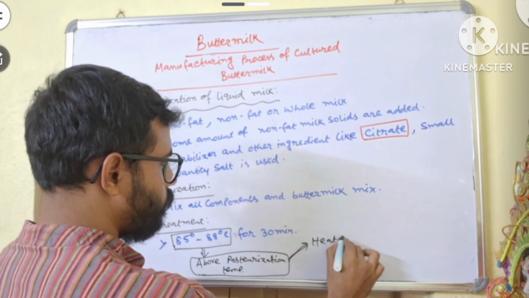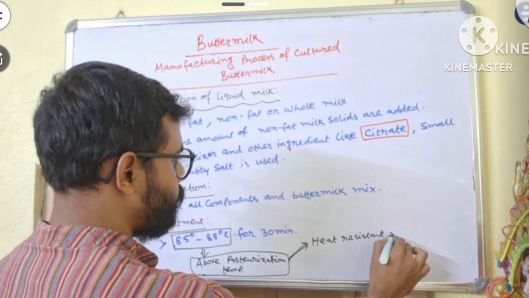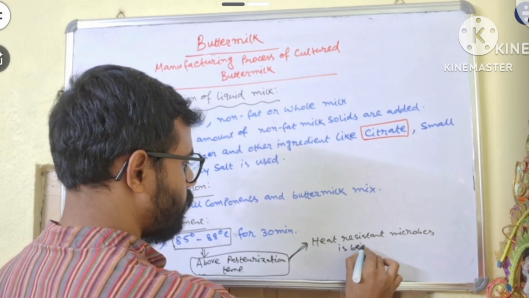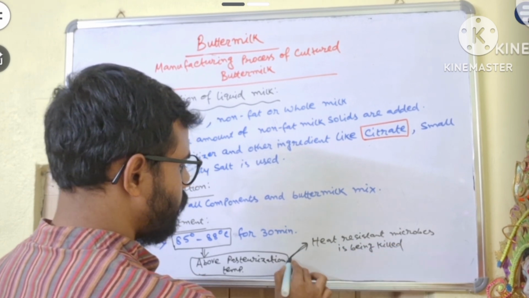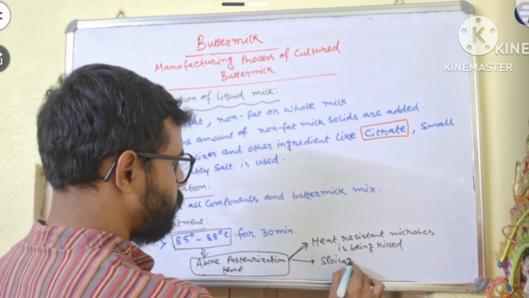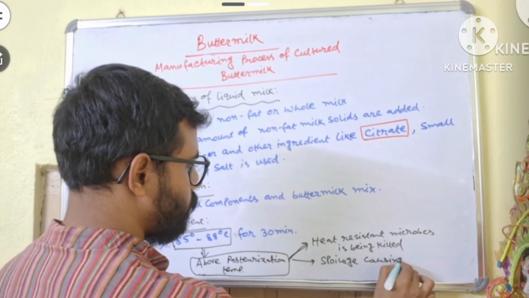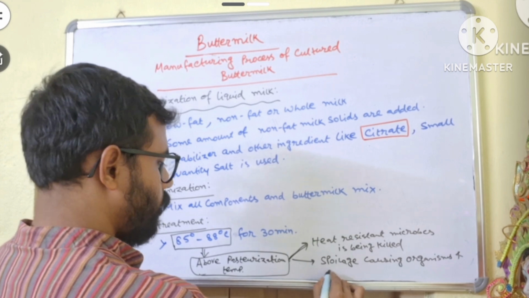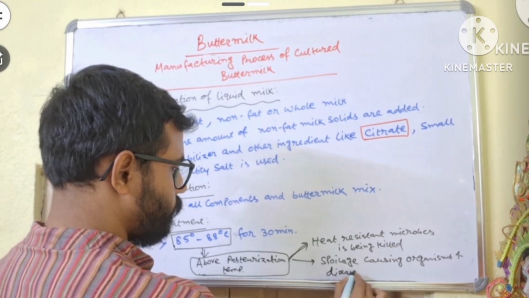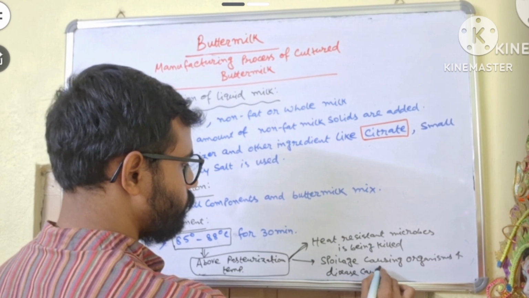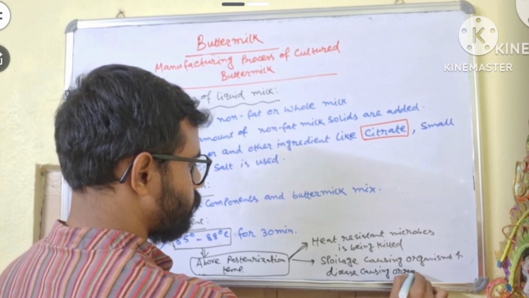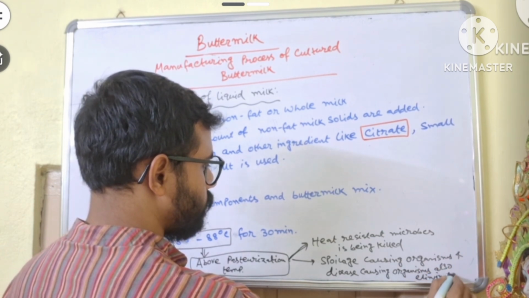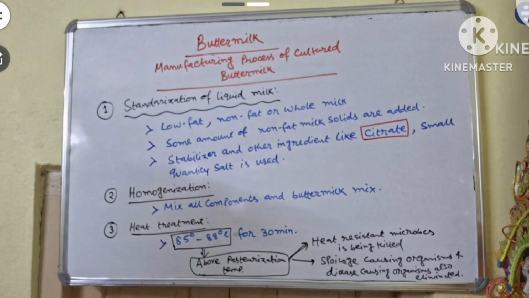Heat resistant microbes are killed, as well as spoilage causing organisms, and disease causing organisms are also eliminated. That's why we are using the heat treatment above the pasteurization temperature.